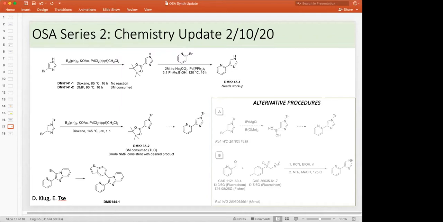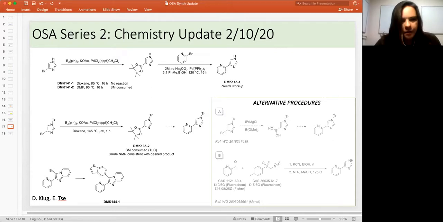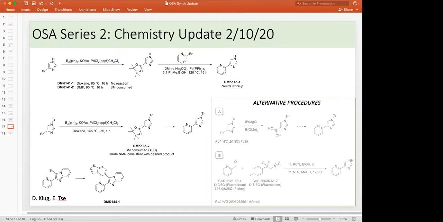But I'm just wondering if it's worth doing a literature search to see if that's known. I'm just throwing it out there as an idea, but the Suzuki couplings you're doing here from that 3-brominated position, those work, right? So I'm just saying if you're having trouble with making some of these targets, that might be the way to do it.